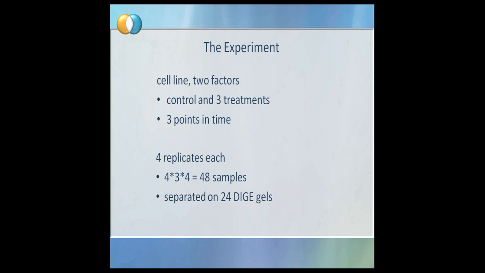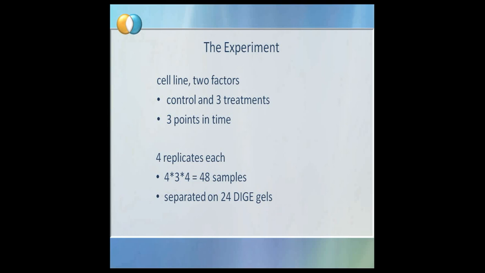Then the experiment itself. In our example here we have cell lines and two factors, or rather one cell line which is split into 4 sublines. One factor is the cell line splitting, and the second factor is time.